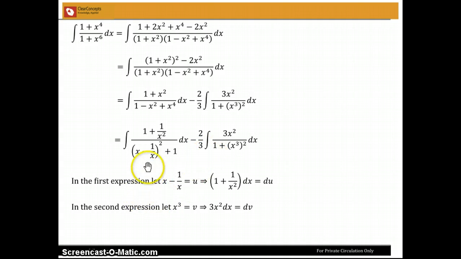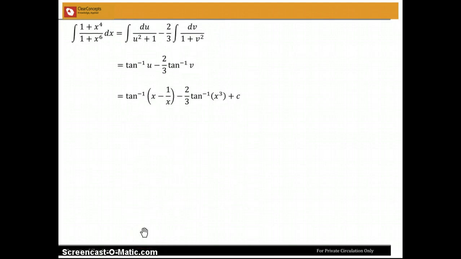Now in the first expression, we will let x minus 1 by x equal to some variable u, which means 1 plus 1 by x squared into dx is equal to du. In the second expression, we let x cubed equal to some variable v, and so 3x squared dx will be equal to dv. So what this reduces to now is the integral du by u squared plus 1 minus 2/3 integral dv by 1 plus v squared.